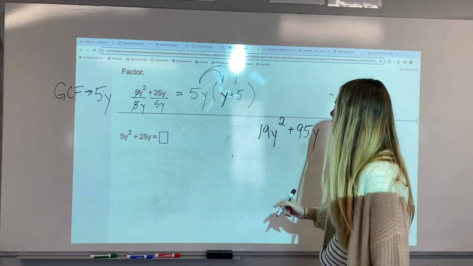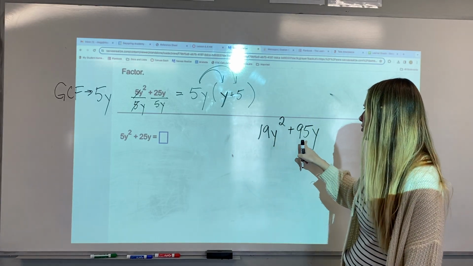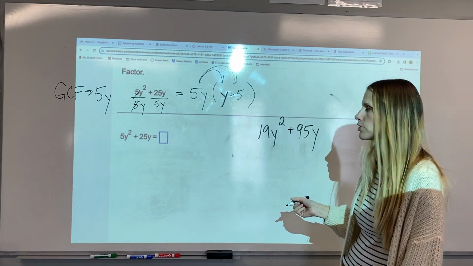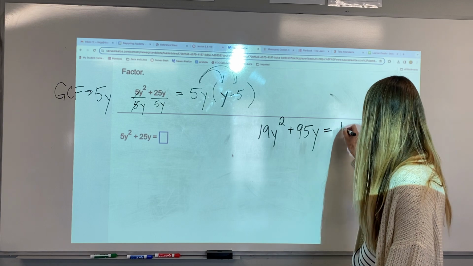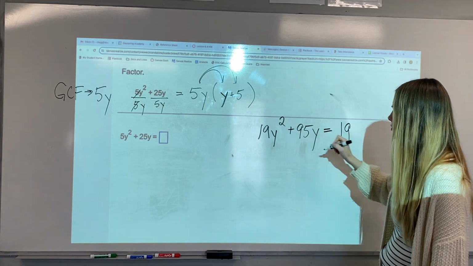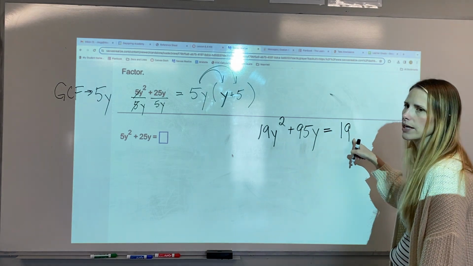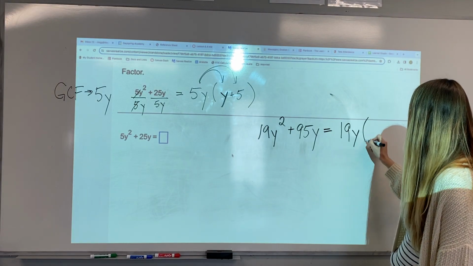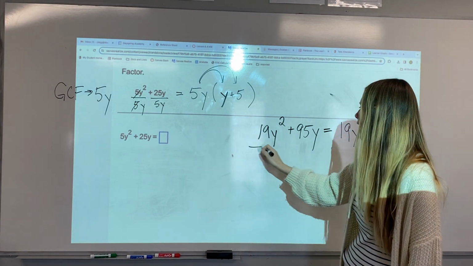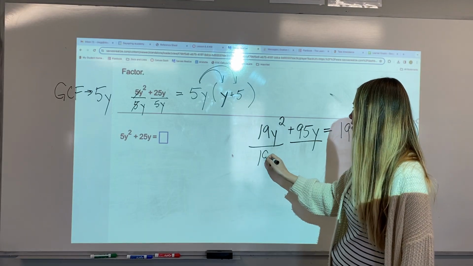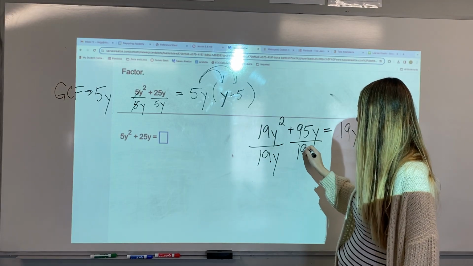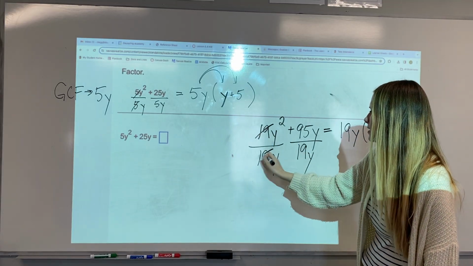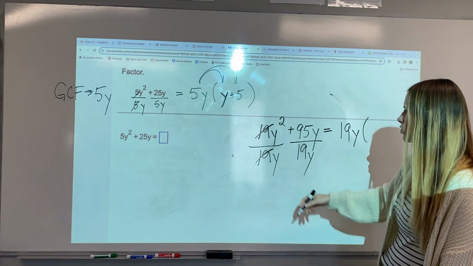So that means if 19 is a factor of 95 and it's also a factor of itself, 19 would be part of your GCF. So your GCF would be 19, and then you would have y squared and y. What would that be? Good, y. Then we're going to divide by your GCF to get what's inside the parentheses. The 19s cancel out. Y squared over y.